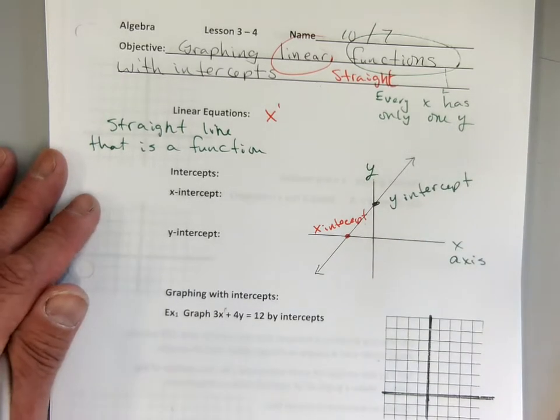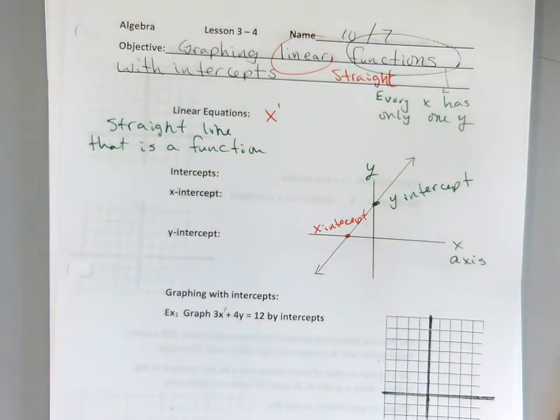We're not going to make this hard. An intercept is where it goes through. If I intercept somebody, I just want to get them. So it intercepts the x-axis at that spot, and it intercepts the y-axis at that spot. Does that make sense, everybody?